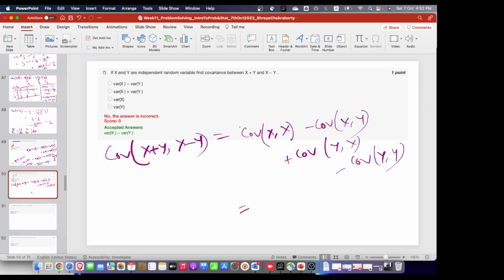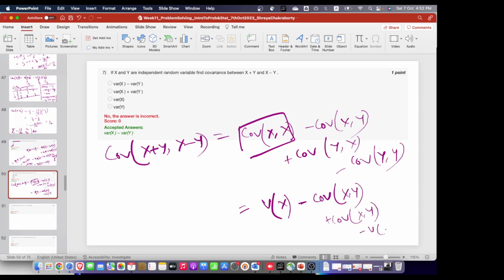So this is essentially variance of x minus covariance of xy plus covariance of xy minus variance of y. This one is cancelling. So we have variance of x minus variance of y.